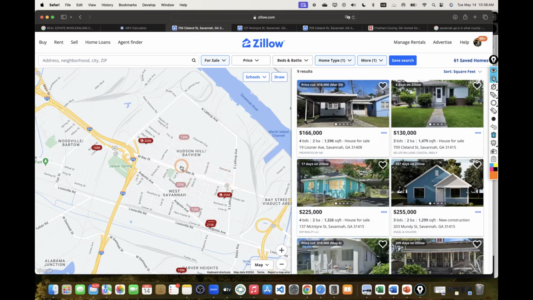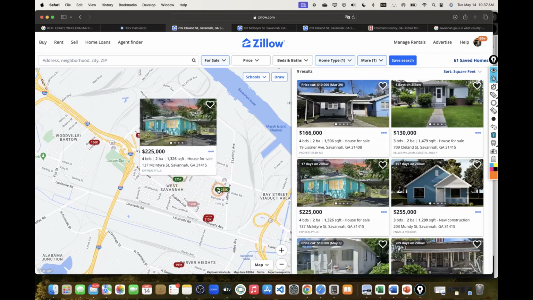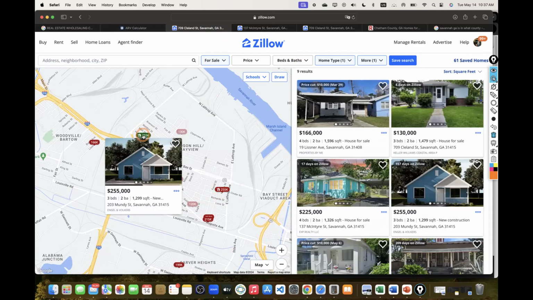Now, like I was mentioning, I knew I was gonna get some comps over here on this side, and I'm noticing a pattern. I'm not sure if you guys are noticing as well, but I'm getting 225, 255, 255 as well.